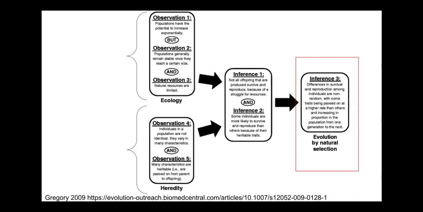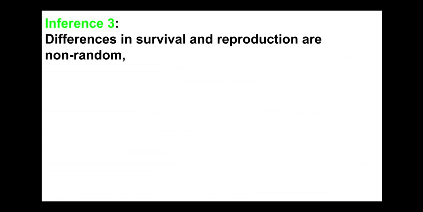Now, the final inference, putting this all together, is that differences in survival and reproduction among individuals aren't random. The differences in survival and reproduction are due to their traits, and for the traits that are heritable, that's going to determine which individuals pass the most genes on into the future.